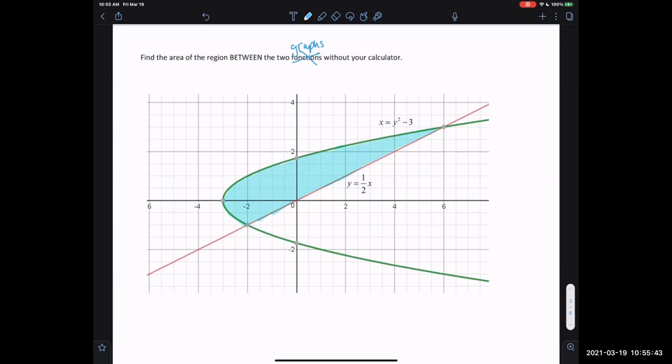So the two graphs. Okay, if I were to start drawing, and I'm going to use my highlighter only so it doesn't stay and I have to erase. If I start to draw top minus bottom, notice what ends up happening. Top is green, bottom is red.